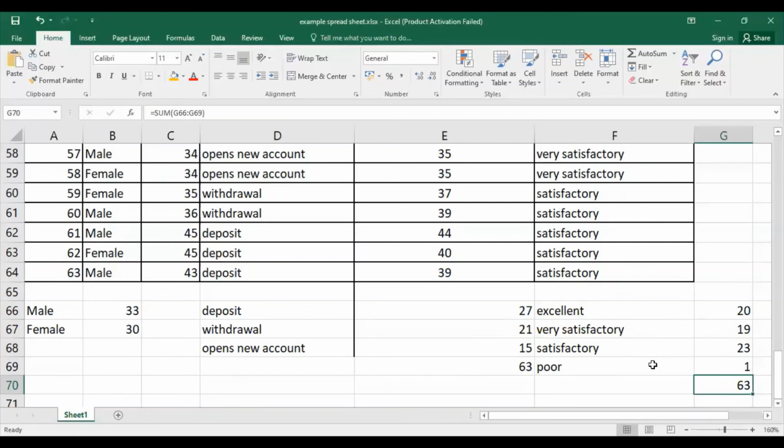So we don't need to count manually these ratings because we have our spreadsheet to help us count our modes or frequency. Again, we made use of the Countif as a statistical function to count the number of cells that meet a certain criterion. The criterion are this one, and these are the frequency counts. Frequency count is the same as the mode or the number of frequencies that occur in a certain situation.